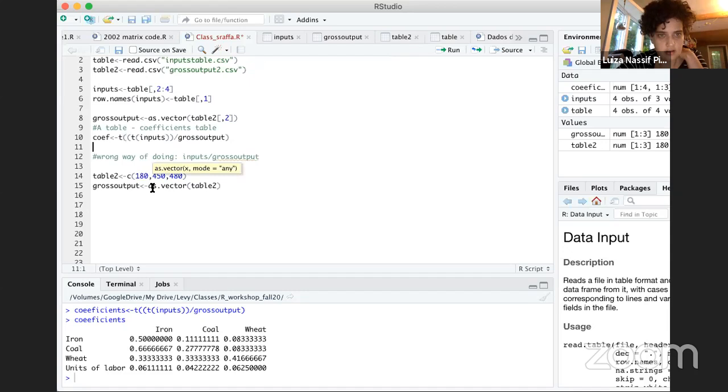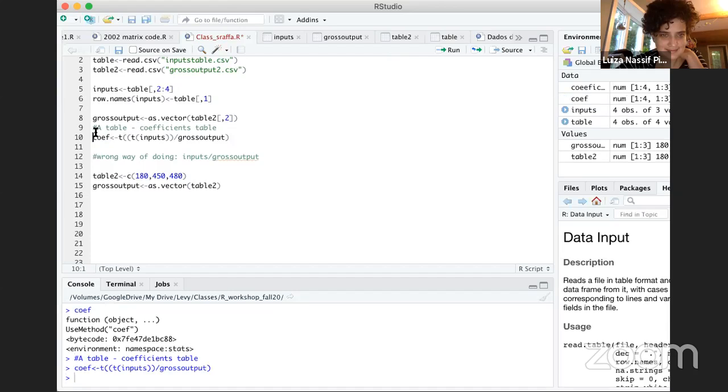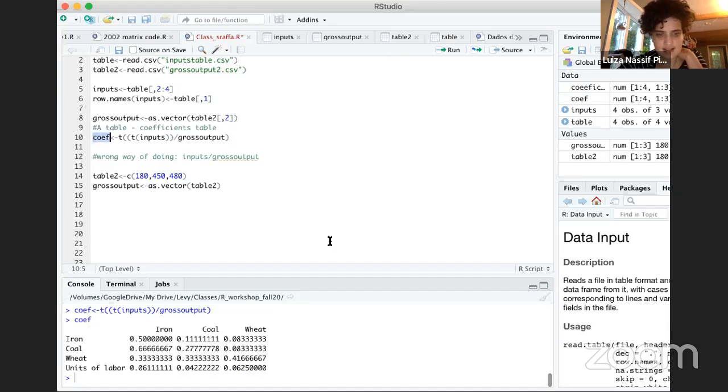Okay. I want everyone here to be able to get this line running and look exactly like that.